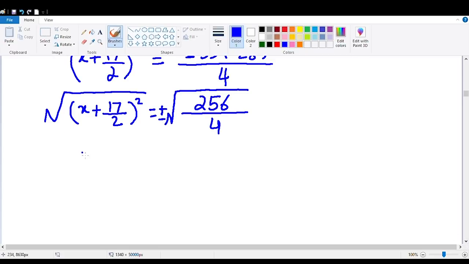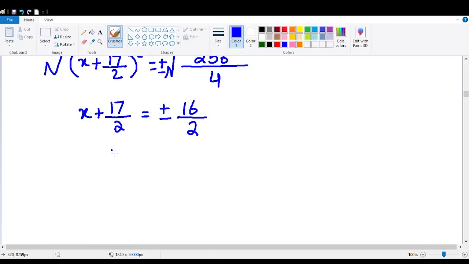So we'll get x plus 17 over 2 equals plus minus, 256 is the square of 16, and 4 is the square of 2, so we'll get 16 over 2.